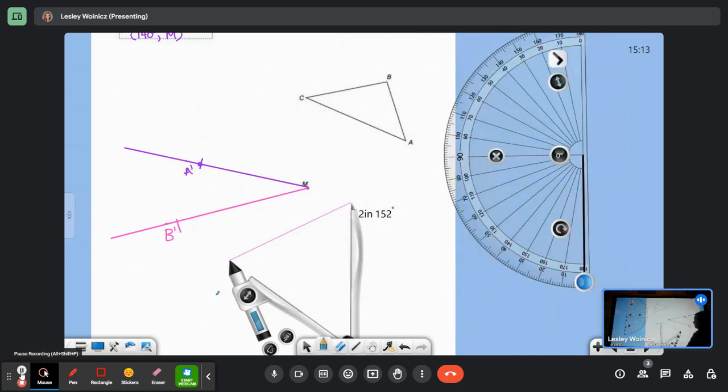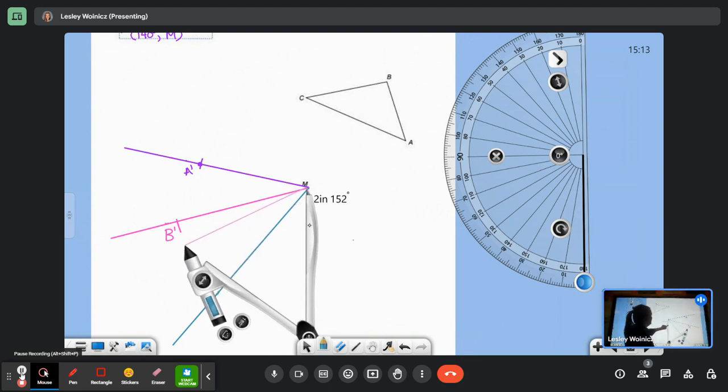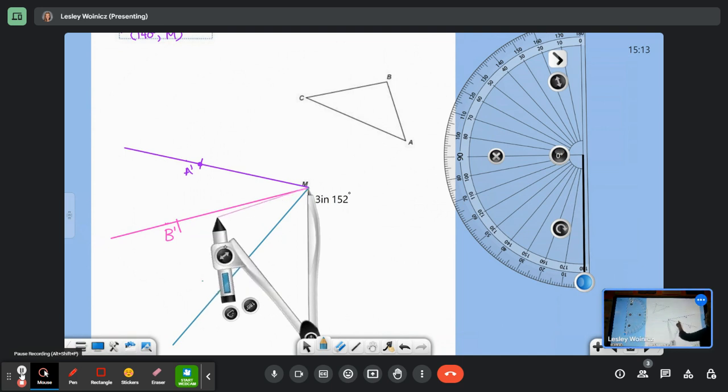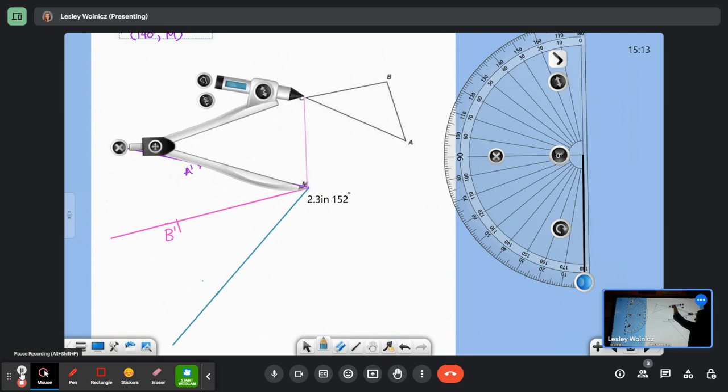I'm going to make my auxiliary line, connecting it from M through that mark I made. Okay, I'm going to use my distance copier. I'm copying the distance from M to C. I've been putting it on M, but it doesn't matter.